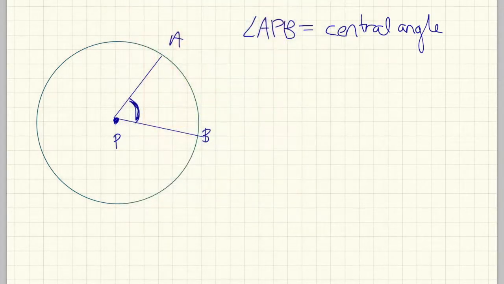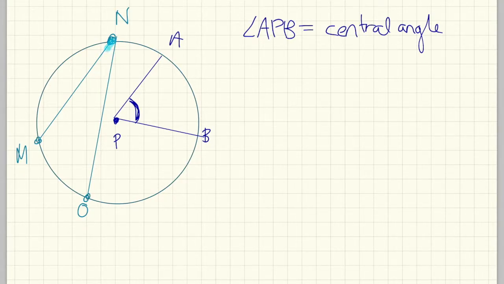But what happens if we don't pass through the center? Is that even possible? What happens if I do something like this? As you see, I've created two chords, and we'll pretend that they meet at this point here. We're going to call this point N, and let's call this M and O. Together the two chords form an angle here.